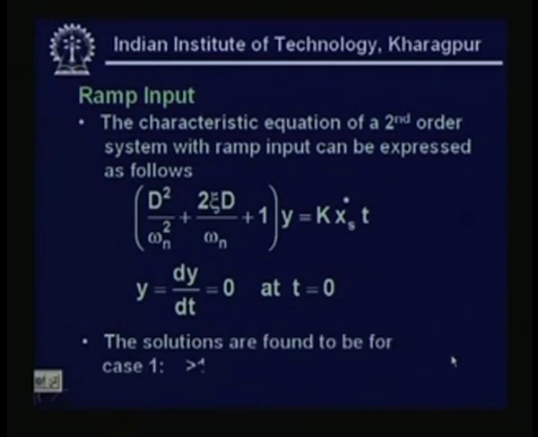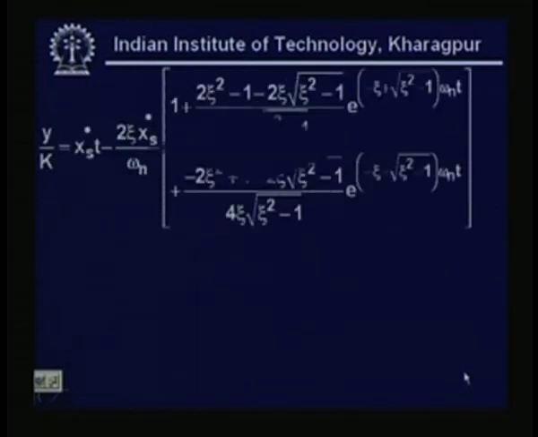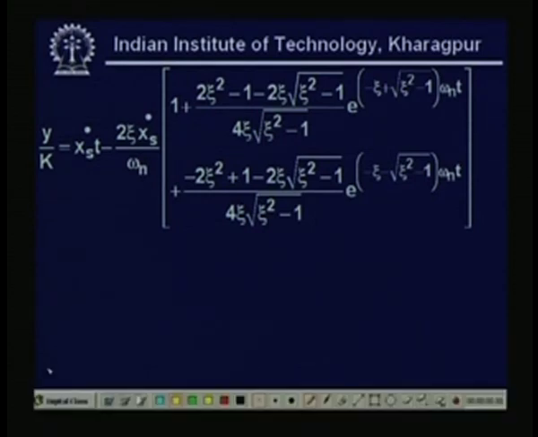The solutions are found to be, for case 1, when xi is greater than 1, an overdamped system, y by k. I have not put xs on the left hand side as was done in the case of the step input, where we had y by k xs. These we have not done.